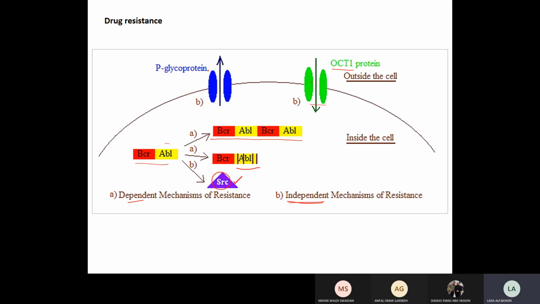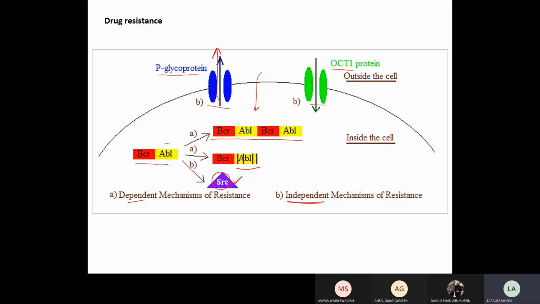Or, as you all know, there are efflux proteins that bind to drugs after they enter the cancerous cells and transport them outside of the cell, so they will not give the drug enough time inside the cell to interact with its target. There may be a mutation or overexpression of these efflux pumps, or mutations that increase binding of the drug to those efflux proteins, and therefore increase efflux of the drug to the outside of the cell.